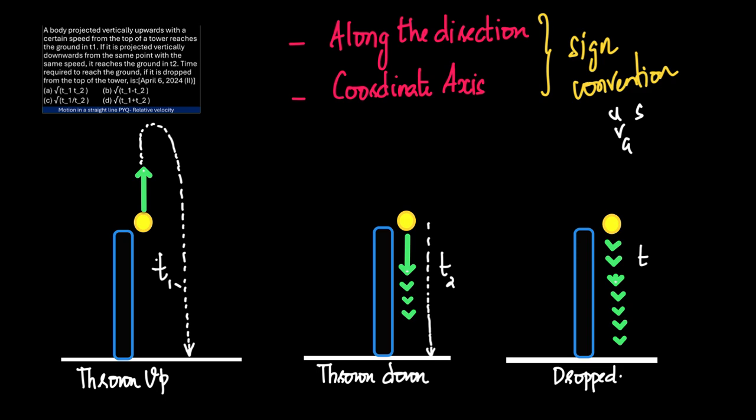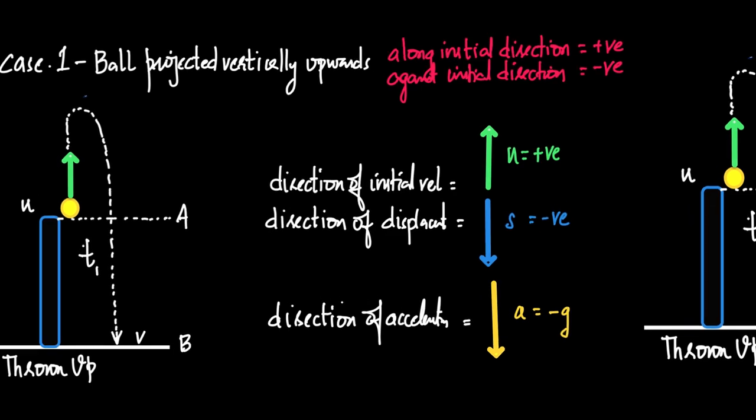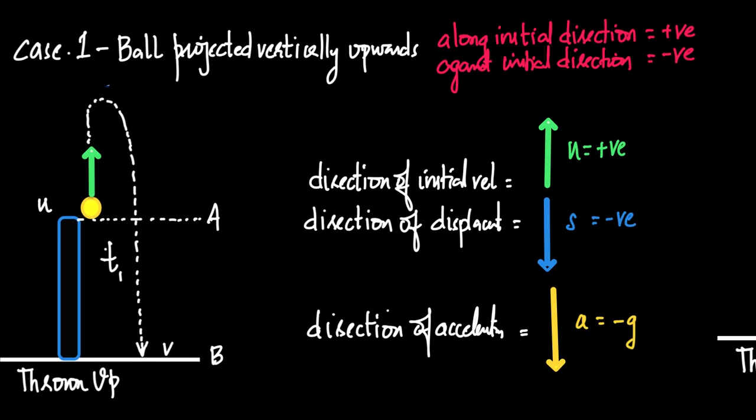So we'll begin with case 1, when the ball is projected vertically upwards. The sign convention I've chosen here is to take every measurement along the initial direction of motion as positive and against the initial direction of motion as negative. Since the direction of initial velocity is upwards, u is positive.